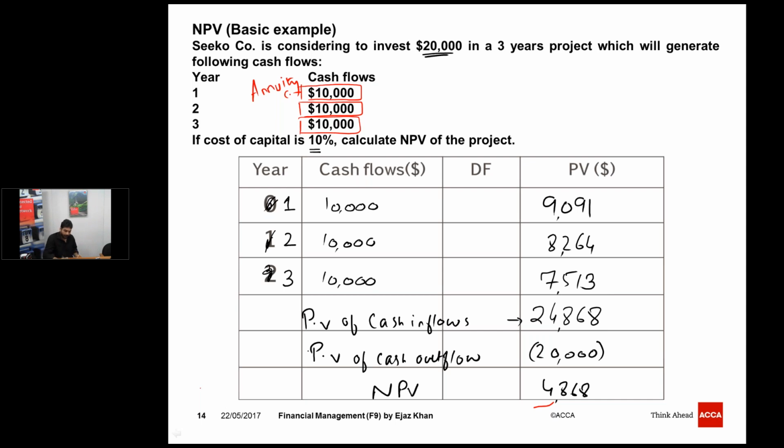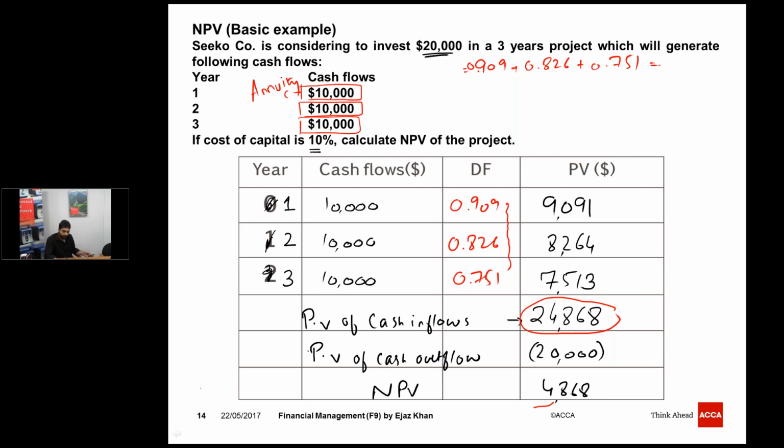And we have solved this question using discount factors 0.909, 0.826, and 0.751. And then we got the present value of 24868. If we sum all the discount factors, 0.909 plus 0.826 plus 0.751, we'll get the cumulative discount factor, and we can also call it the annuity factor.